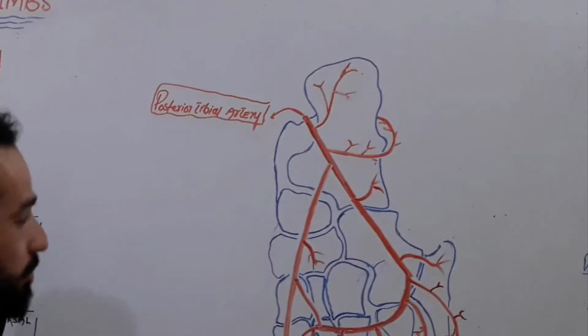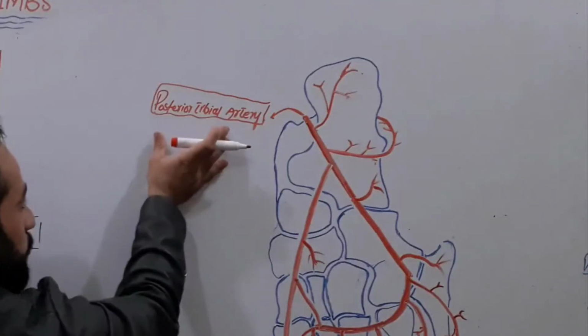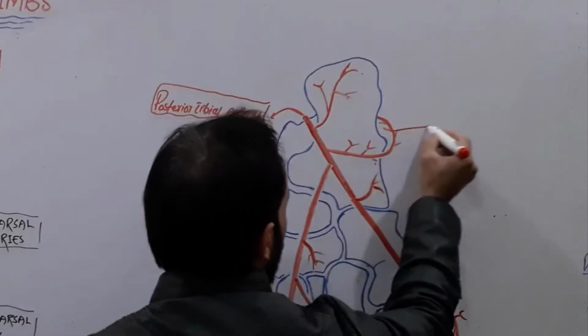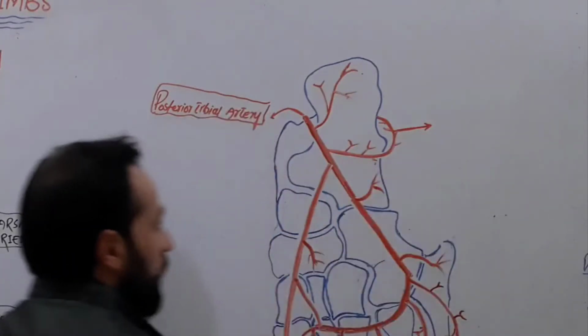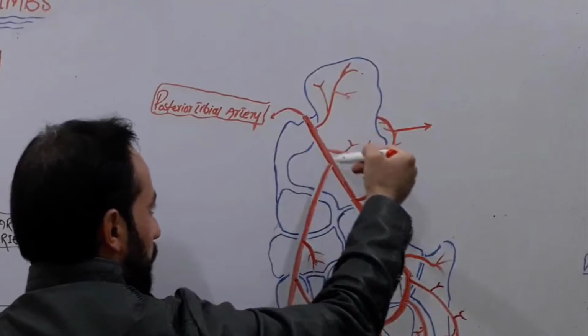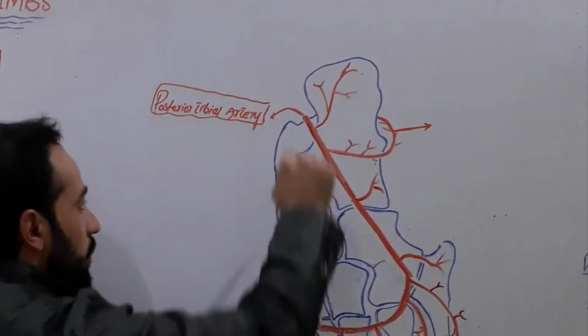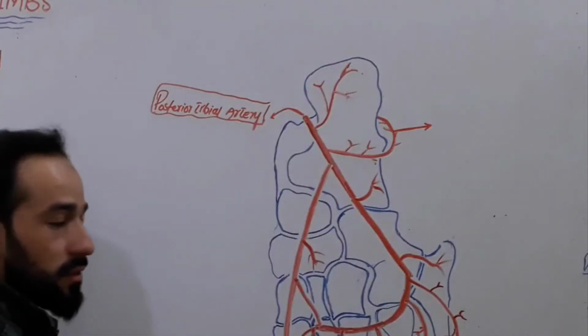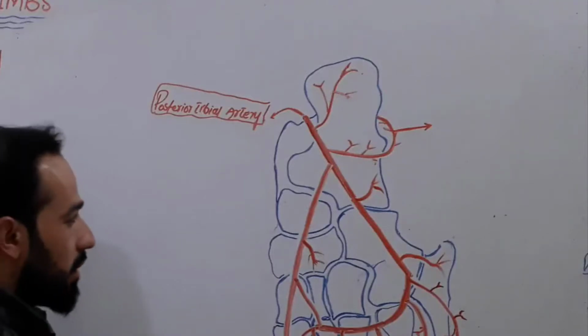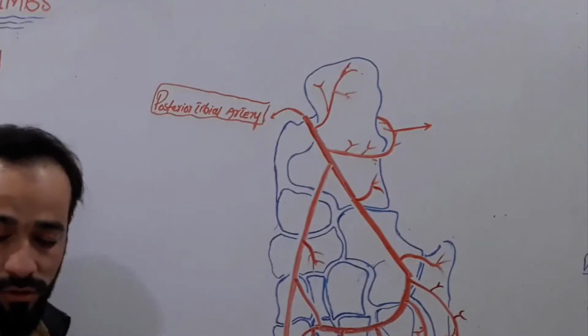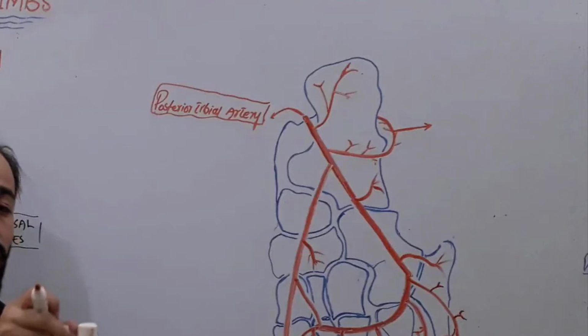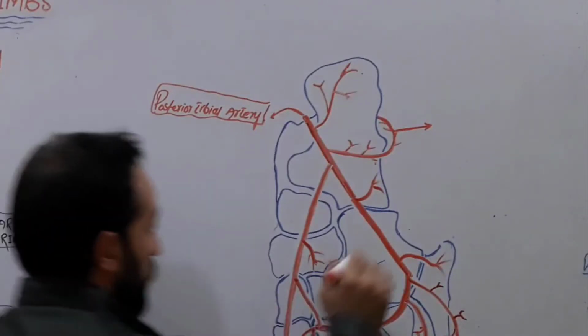First of all, the posterior tibial artery gives off two branches, the lateral calcaneal branch and the medial calcaneal branch. I discussed these in the lectures on the blood supply of the leg, the anterior, posterior and fibular arteries, so you can watch those lectures.